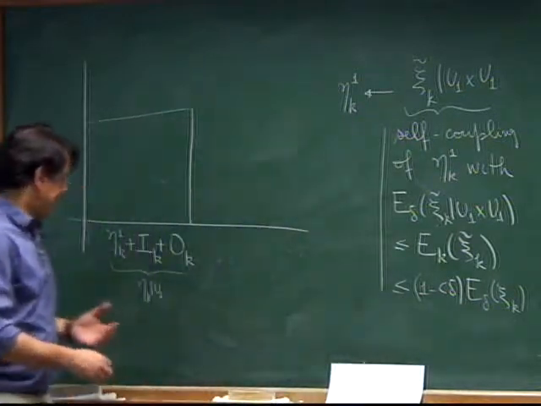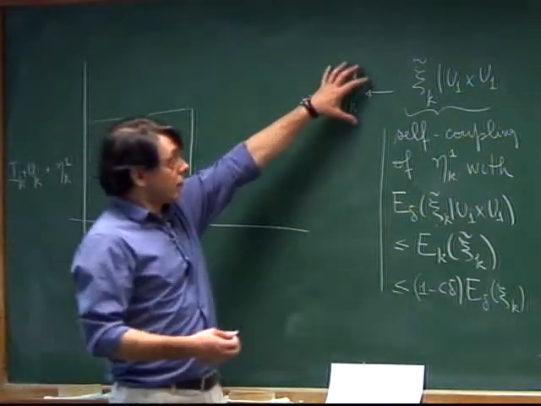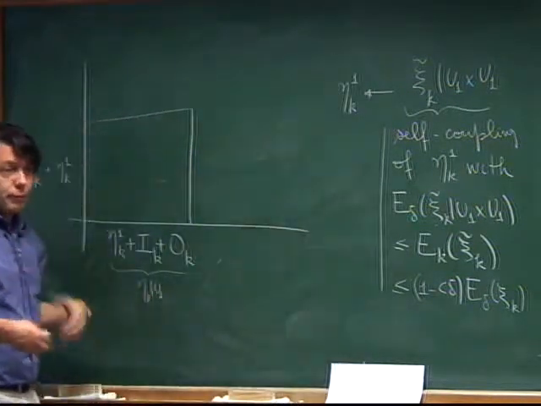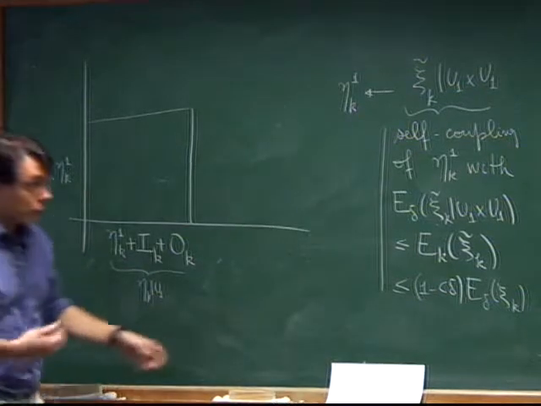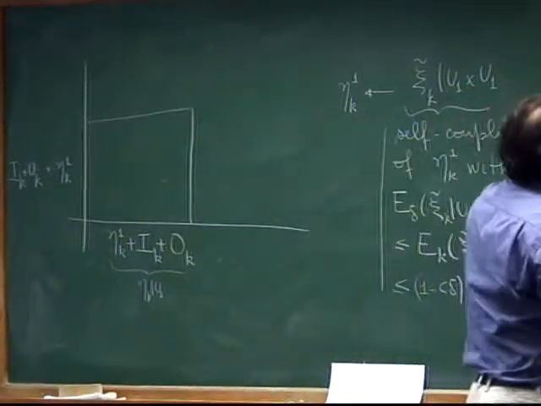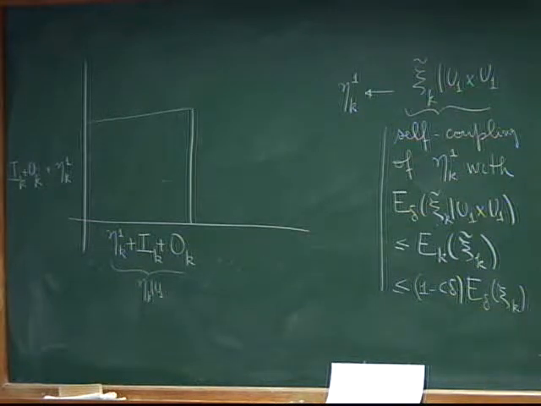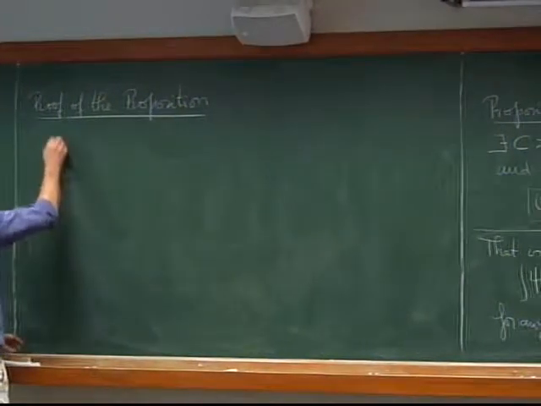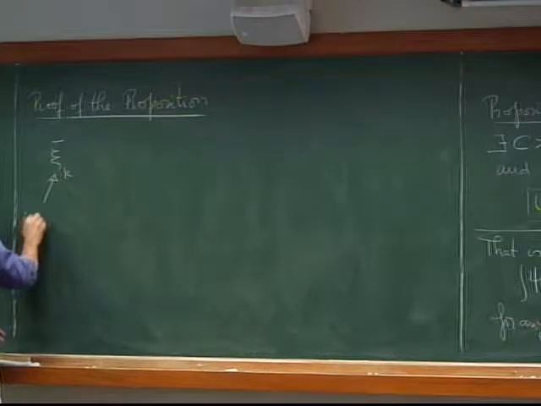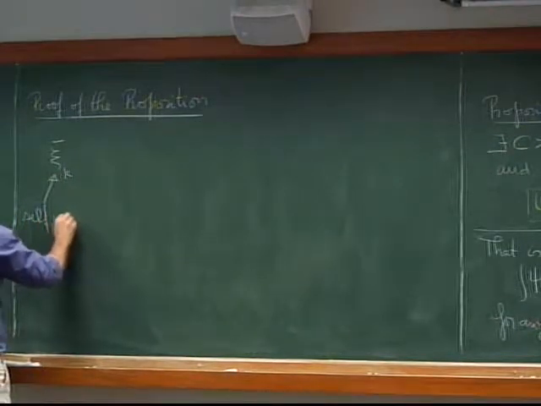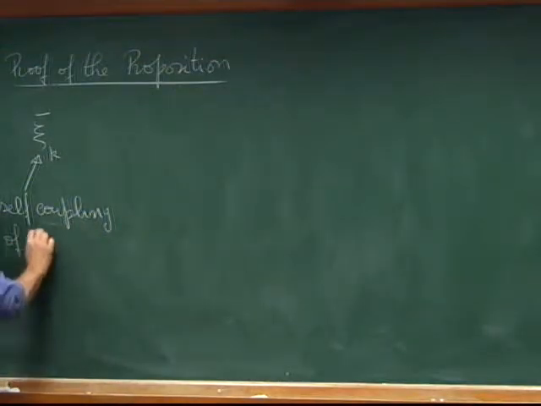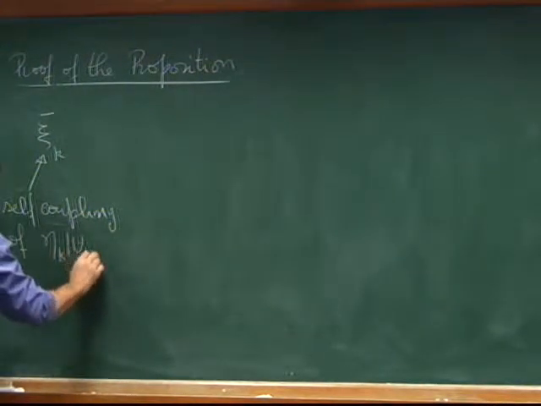So since I already have the self-coupling for the small measure, for the bigger measure, I'm going to look for a bigger self-coupling. Okay, so I'm going to try to construct that self-coupling Ck bar, a self-coupling for eta k restricted to u1.